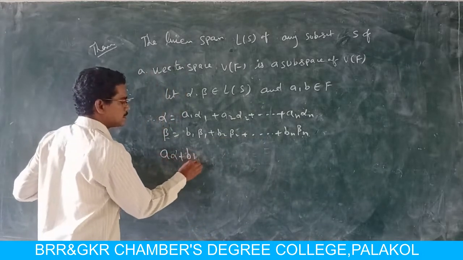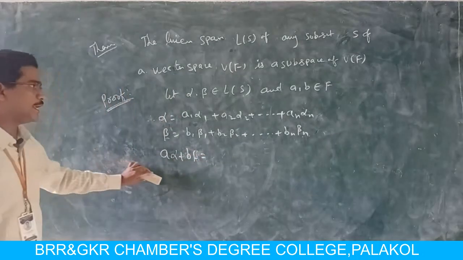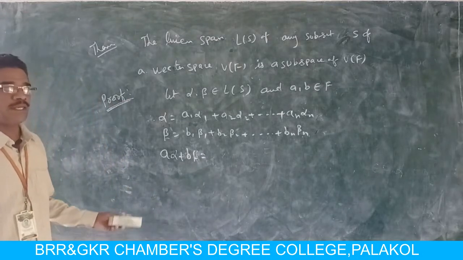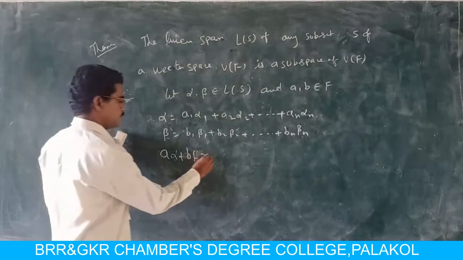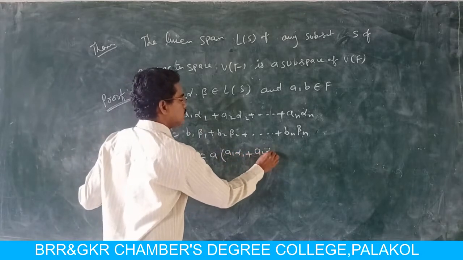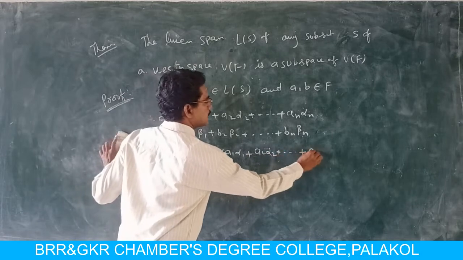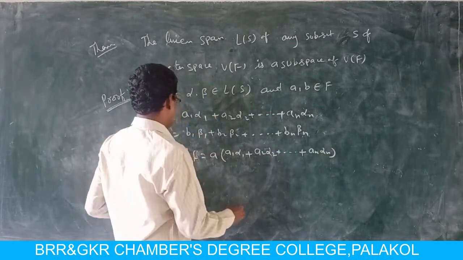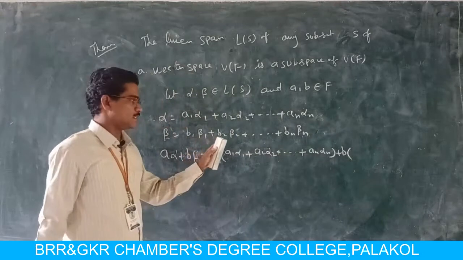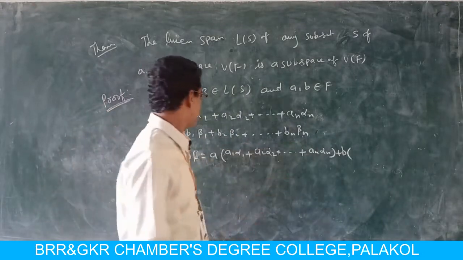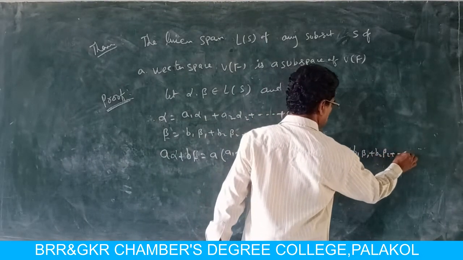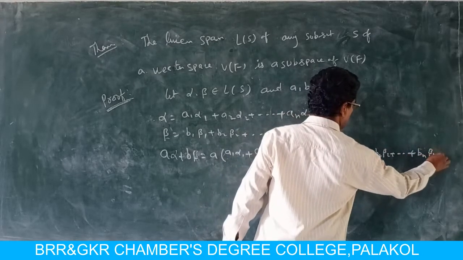Here a, b belong to F and alpha, beta belong to S. Then a alpha plus b beta equals a into alpha, that means a1 alpha 1 plus a2 alpha 2 plus so on plus an alpha n, plus b into beta, that means b1 beta 1 plus b2 beta 2 plus so on plus bn beta n.